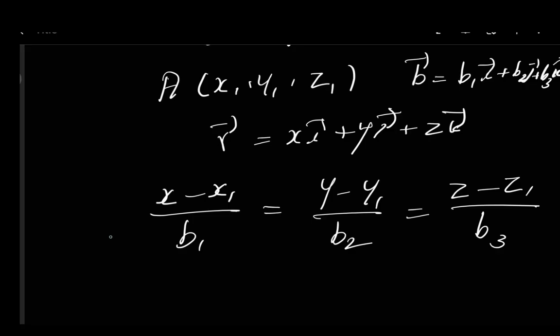This is the Cartesian form of representing the equation of a straight line passing through a point and parallel to a given vector.